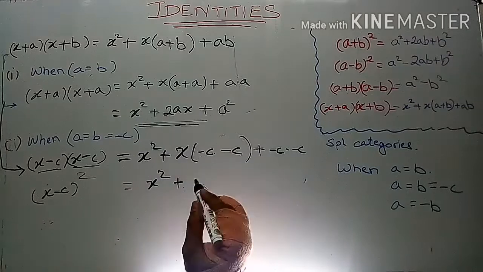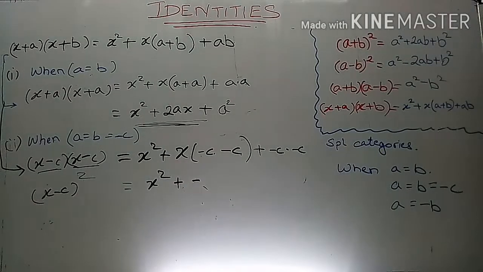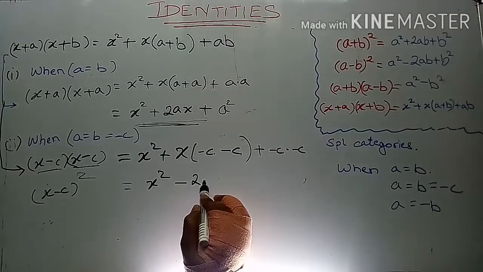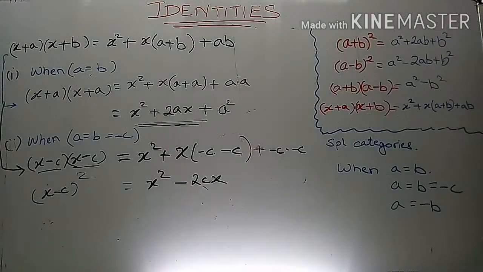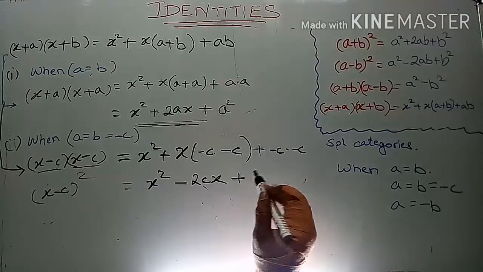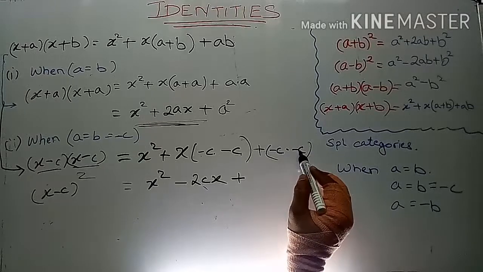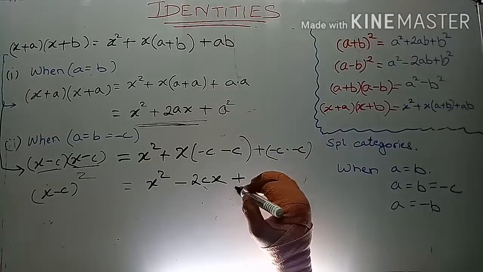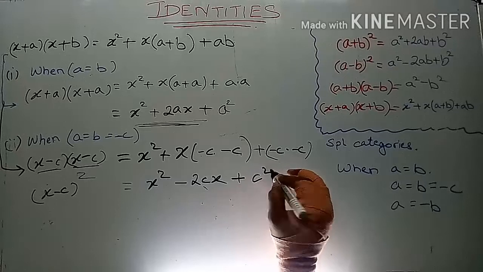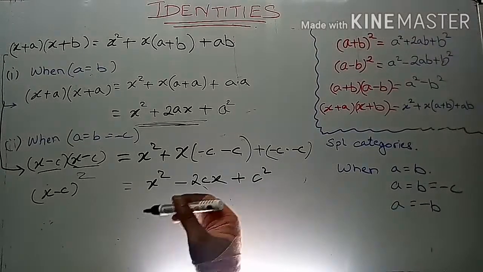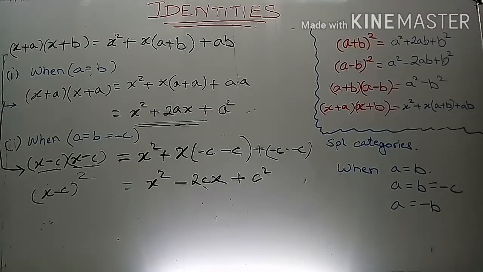So x square minus 2c x, plus this was minus c into minus c, so minus minus becomes plus, so I don't have any problem with this plus sign over here. c into c gives you c square. So this becomes my second special category.